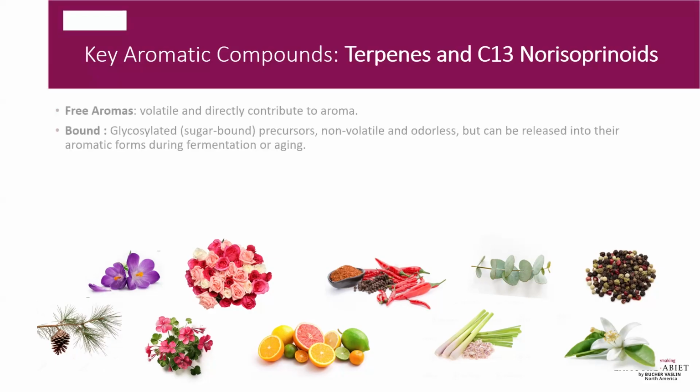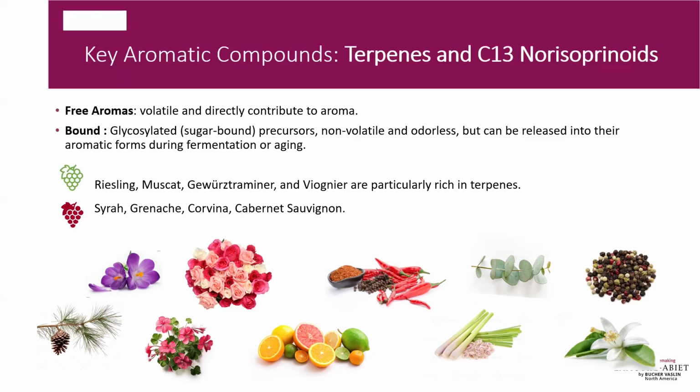So both terpenes and norisoprenoids work the same way. They are found as free aromas in the grape, but also as bound aromas. So they are glycosylated, so that means that they are bound with a sugar. They are in the form of precursors, non-volatile, and they can be released during the fermentation or aging.